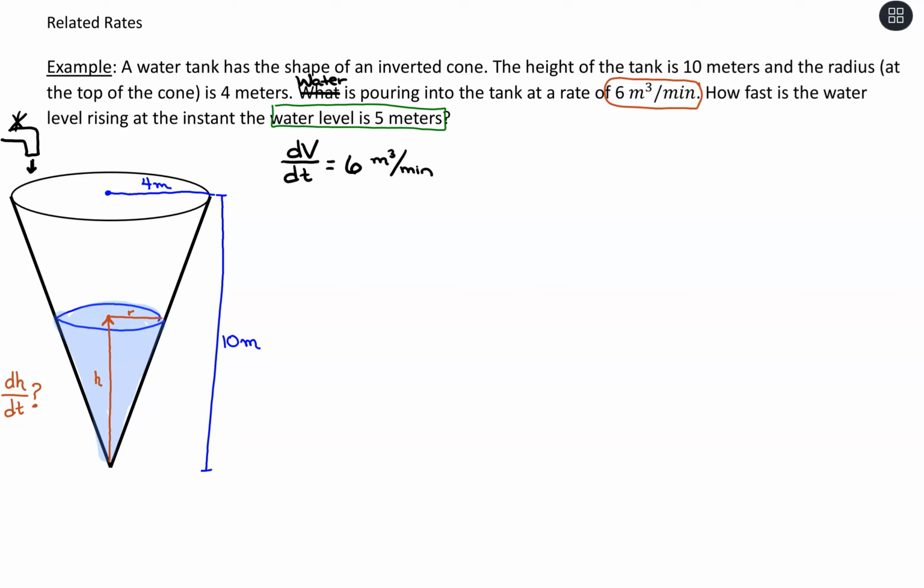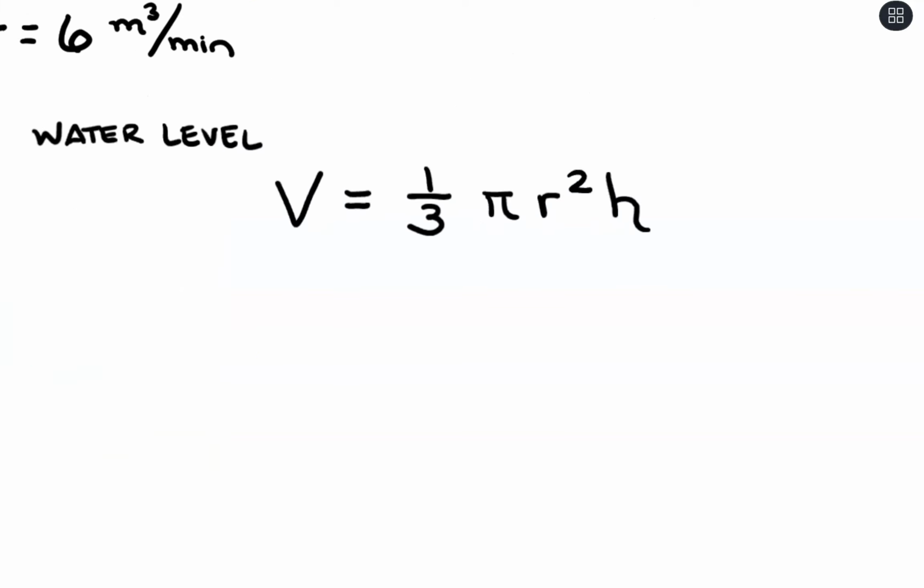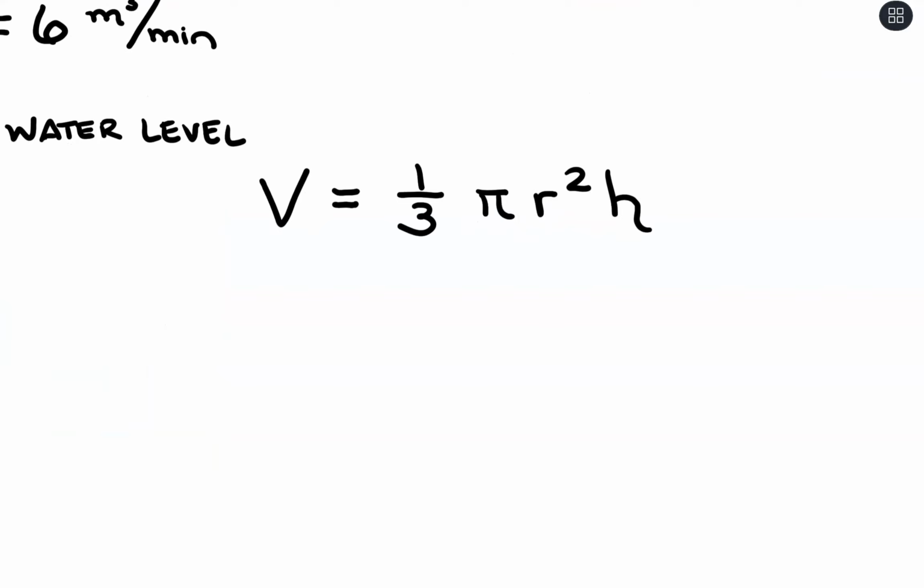Okay, so we're working with the volume of a cone here, and we're thinking about the water level. That's what we're focused on here, is just the water level. So for a cone, the volume is 1/3 pi r squared times h. Now, if I take the derivative with respect to time here, let's even write that.